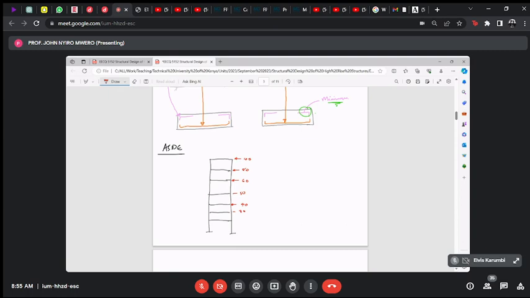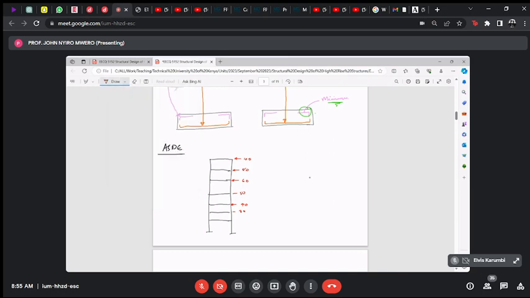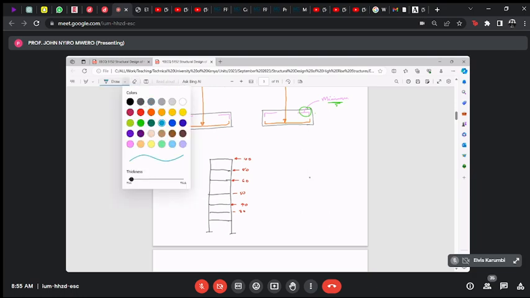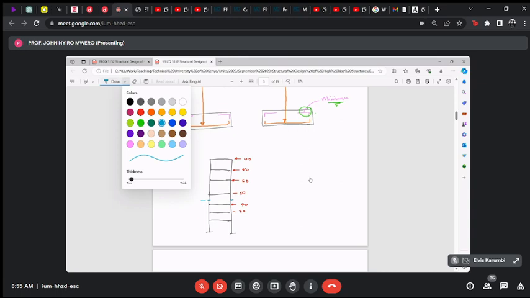Okay? If you think about it, if you isolated a free body diagram here, if you were to cut there, and you were to be left with the upper frame.